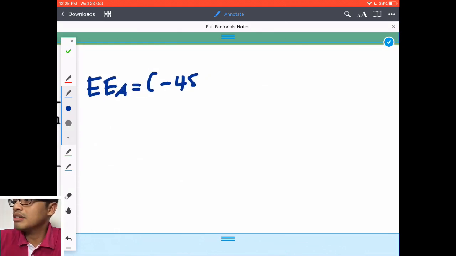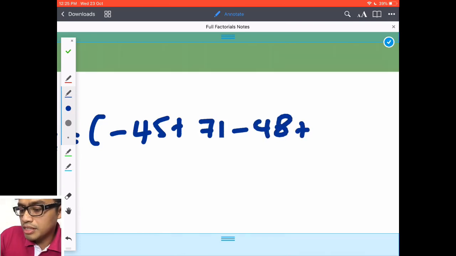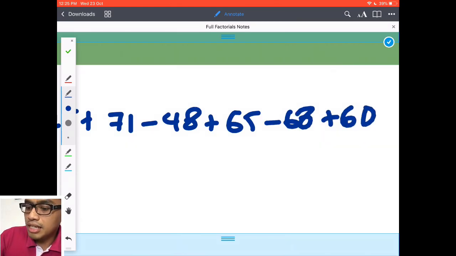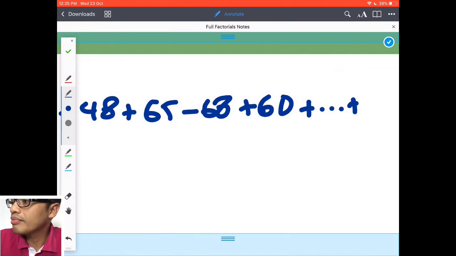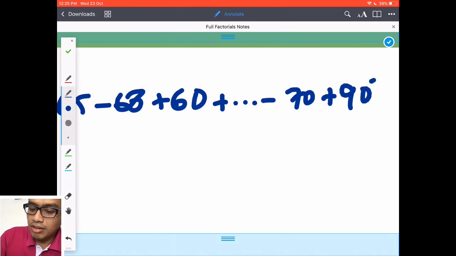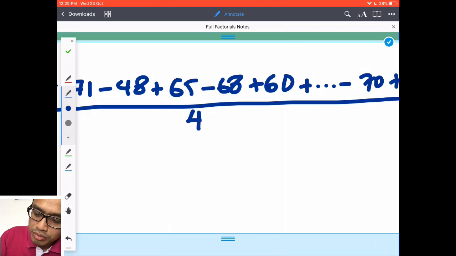And then positive 71, negative 48, positive 65, negative 68, positive 60, and so on. And the final one should be negative 70 and plus 90. All of this divided by 4 times 1.